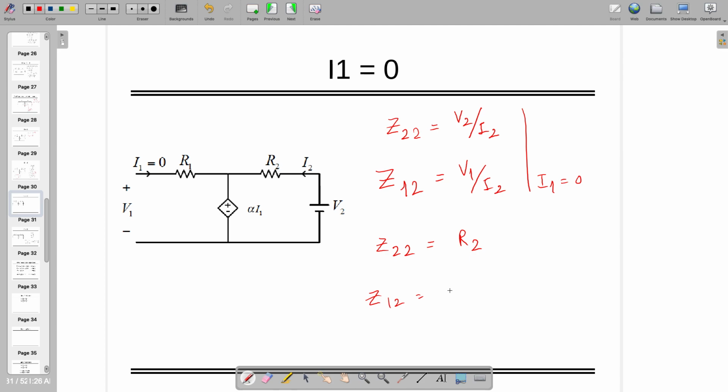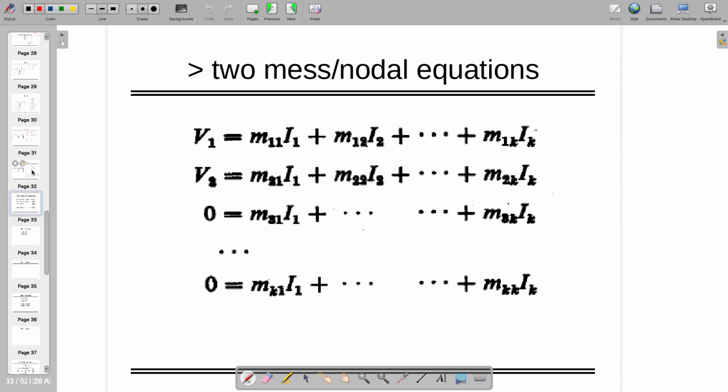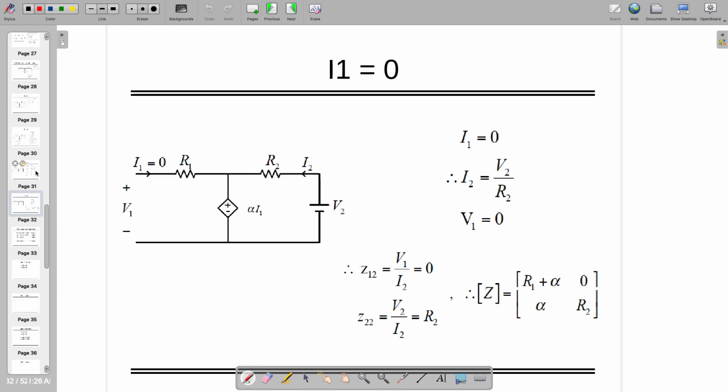What about Z12? 0. If somebody is not getting this answer, just let me know. I haven't solved it, I just keep faith in you. If somebody is getting a different answer, please let me know. So these answers are correct, right?